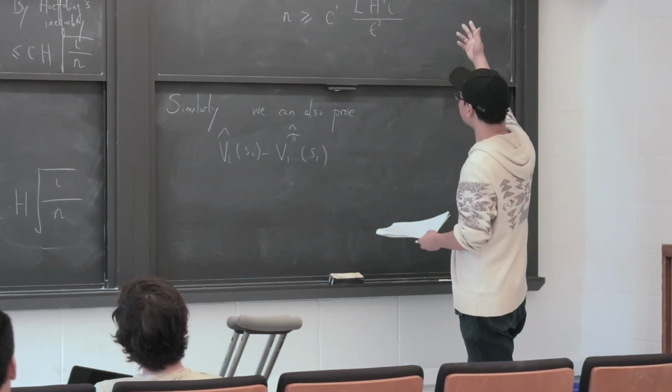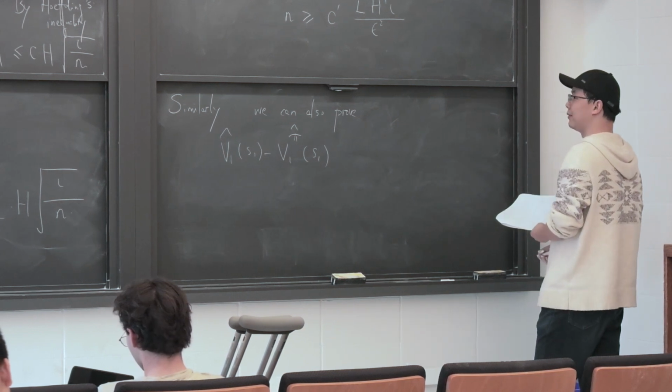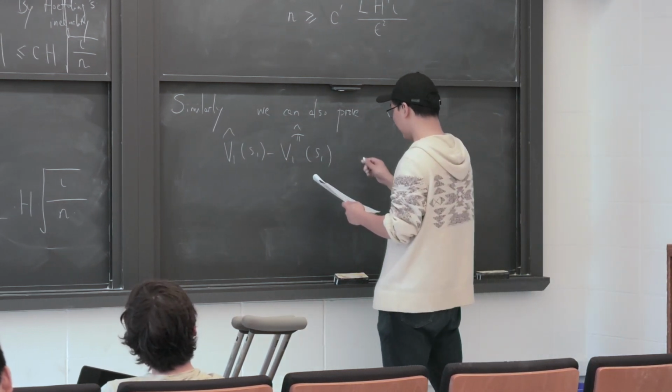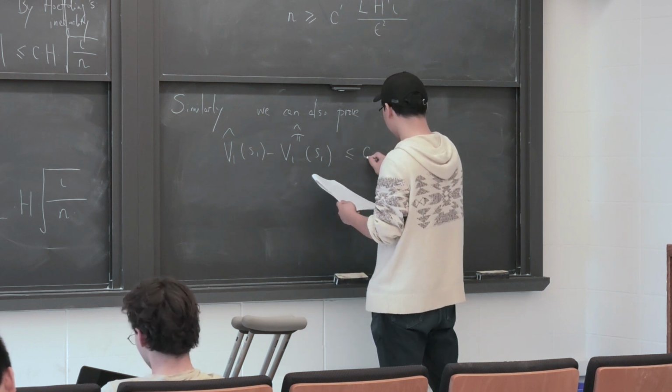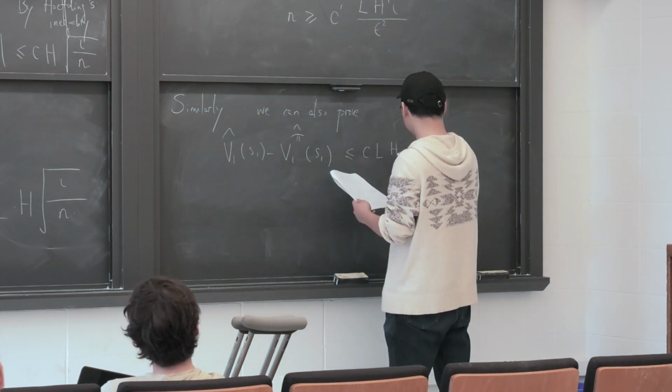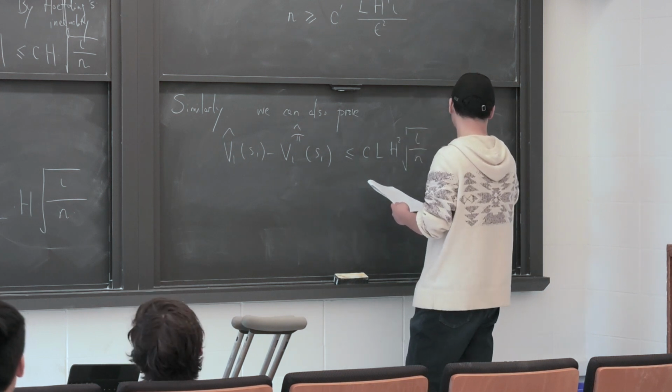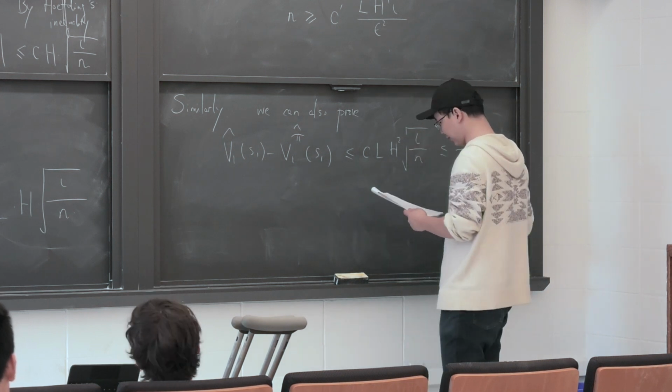Again, you can decompose it as a difference in the transition and then do the same argument. And you can also say this is less or equal to C times L H squared square root iota over N, which is again epsilon over 2. Okay, and this finished the proof.